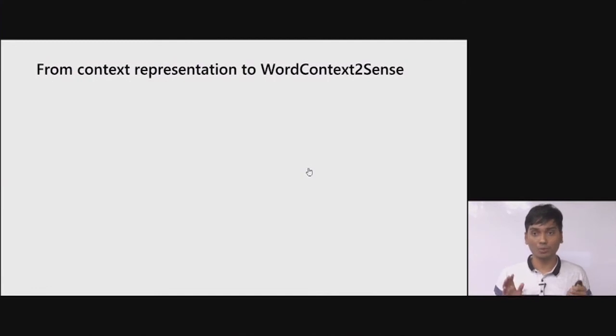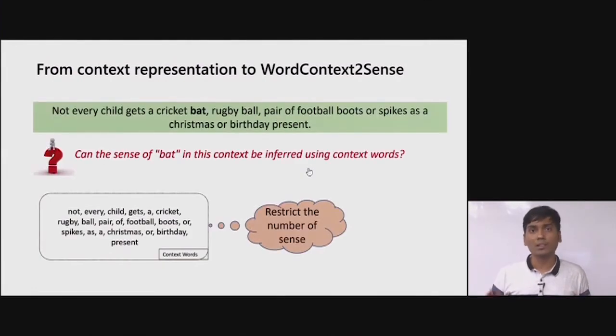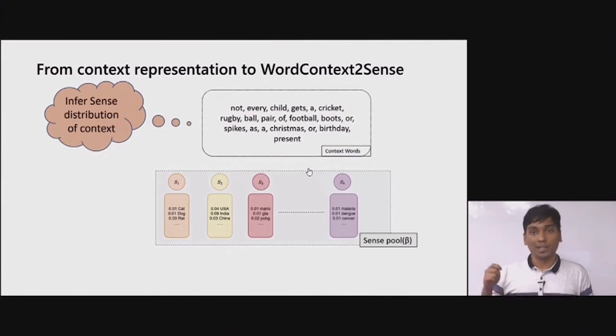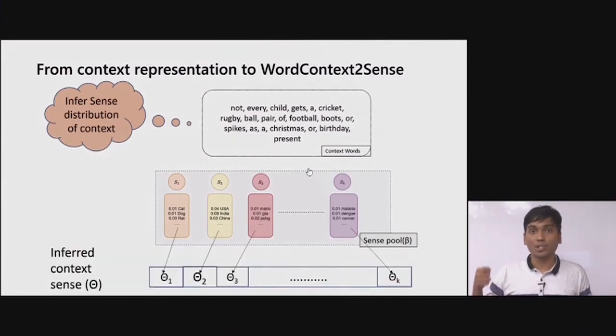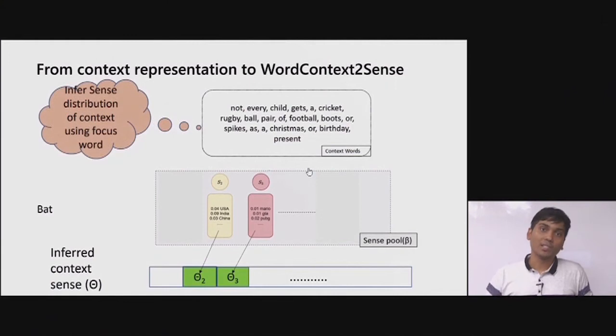So we have this situation now. We have the word bat, we have the sentence, and we want to infer by restricting the number of senses to the senses that are relevant to the word bat. In other words, we want to find the best possible theta i, a linear combination of the senses that best predicts the linear combination of senses of the multiset. When the word bat comes, let's say S2 and S3 were the only relevant senses for the word bat.